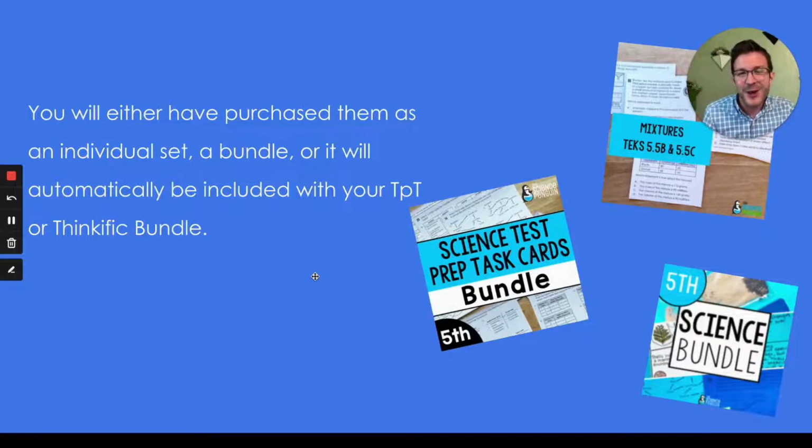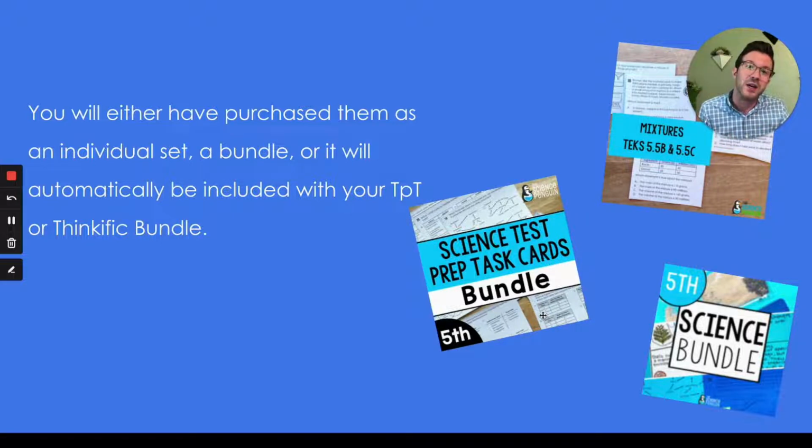So if you already own the test prep task cards, you may be thinking, how did I get them? Did I buy them as an individual set, such as this example here? Maybe you were just like, okay, I'm teaching mixtures. I want to go ahead and get the card set for that to assess my students near the end. Maybe you loved it and you wanted to upgrade. You could have upgraded to the Science Test Prep Task Cards bundle.